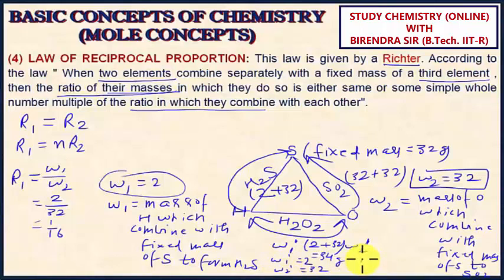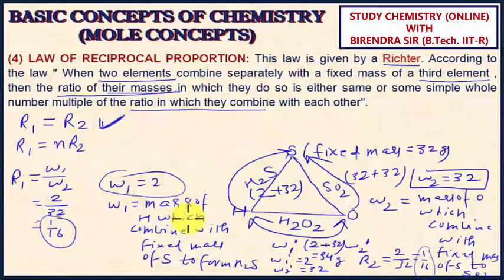So if I try to find ratio 2, it comes 2 by 32 means 1 by 16. The law says these two ratios will be either same or multiple of each other. Fortunately, in this case, I am getting R1 as 1 by 16. I am getting R2 as 1 by 16. So, R1 is equal to R2.